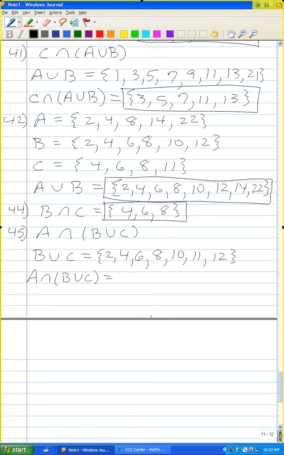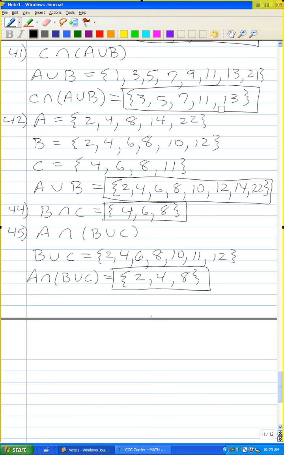So always do what's in the parentheses. Okay. So let's find the overlap between these sets. So 2 is in both sets. So is 4. 6 is not, but 8 is. 10, 11, and 12 are not. So that's it. So only 2, 4, and 8 are in both sets.